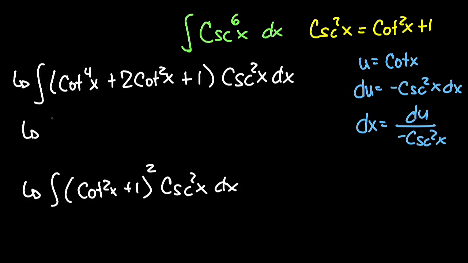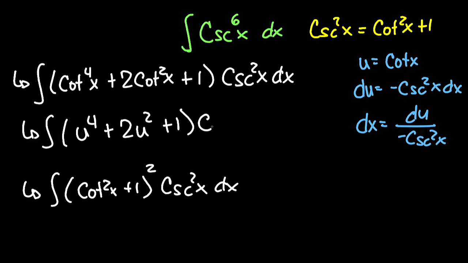By substituting all these values, you would have an integral of u to the power of 4 plus twice of u squared plus 1 multiplied by cosecant squared of x and multiplied by dx, which is equal to du over negative cosecant squared of x.